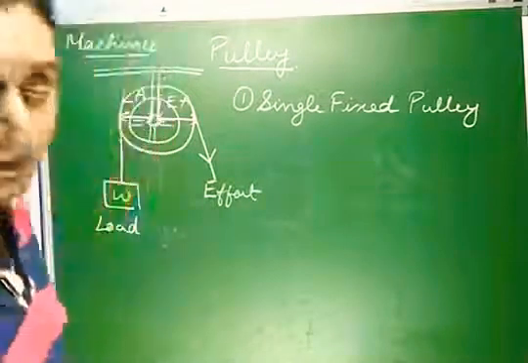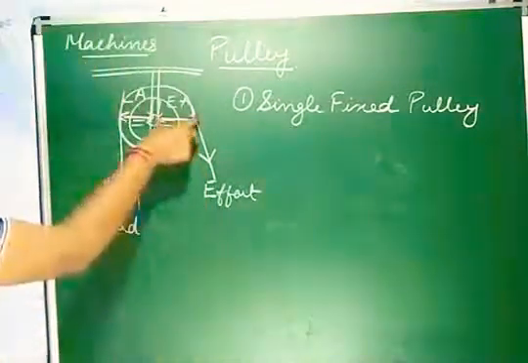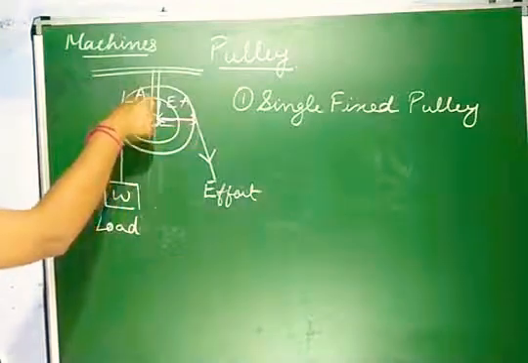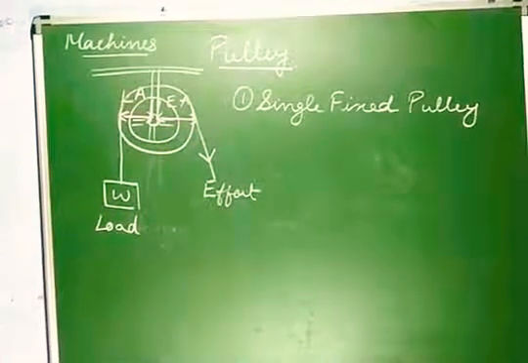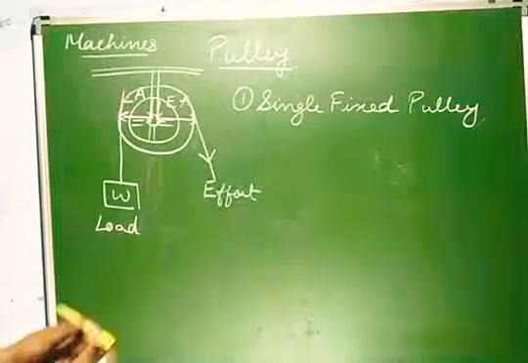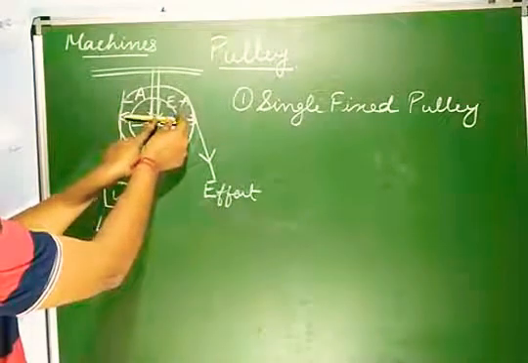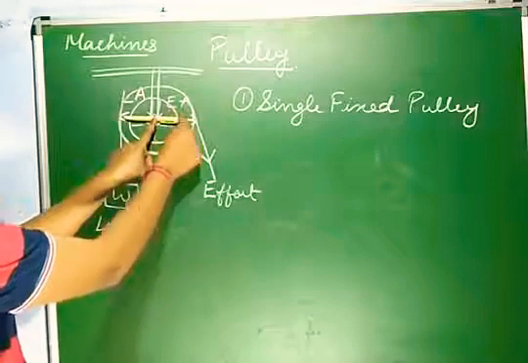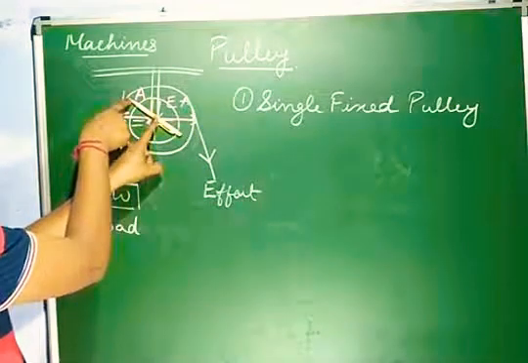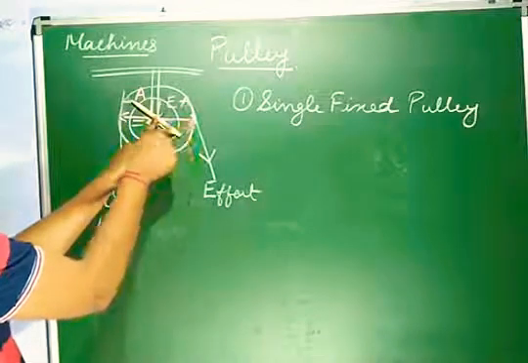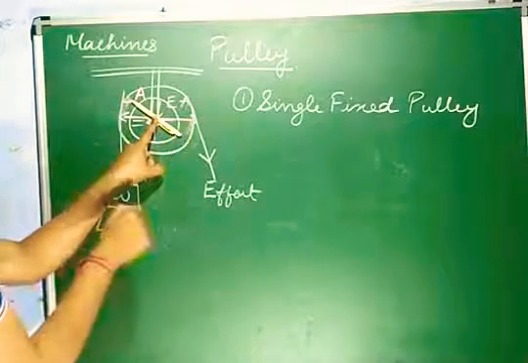Then the distance moved by this will be equal to the distance moved by this. For example, if this point is fixed in the center, the distance it moves on this side is the same distance it moves on this side also. You can see this distance moved and this distance moved are equal.